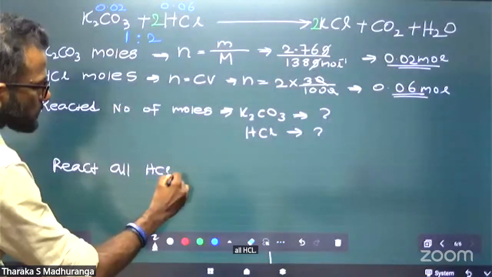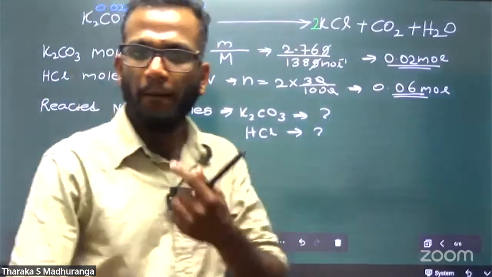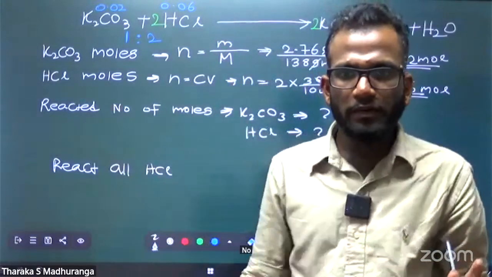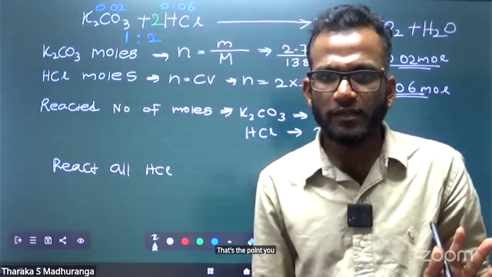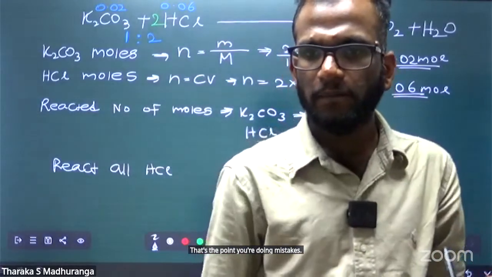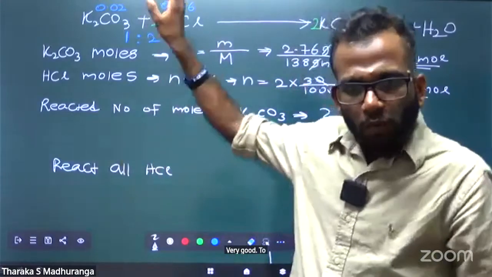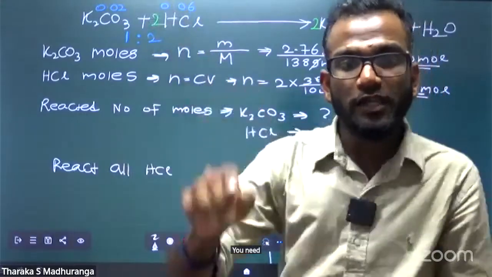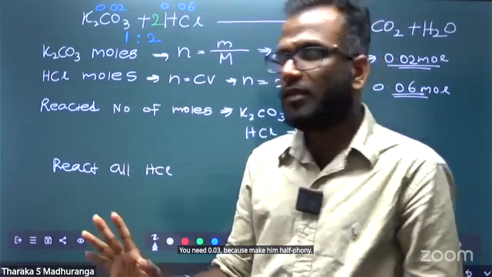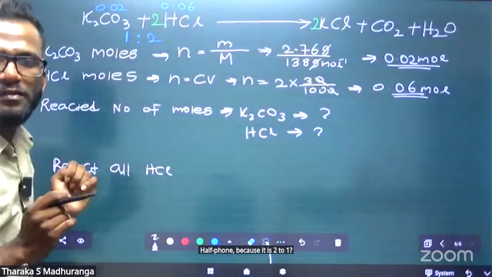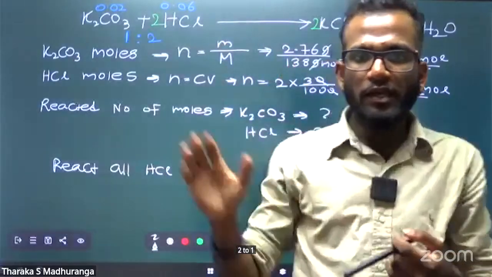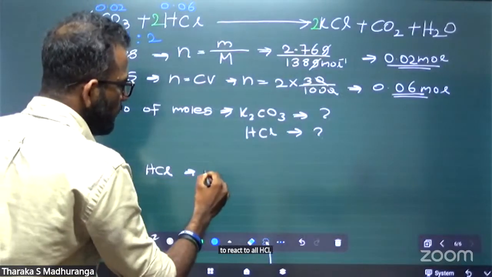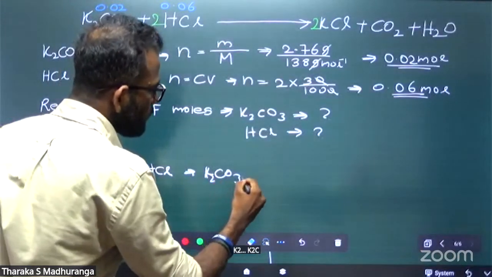To react, no, that's the point, you're doing mistakes. Very good. To react all hydrochloric acid, you need 0.03 because make it half. Half because it is 2 to 1. 2 to 1 means taking half, 0.03 to react all HCl. K2CO3 required half.